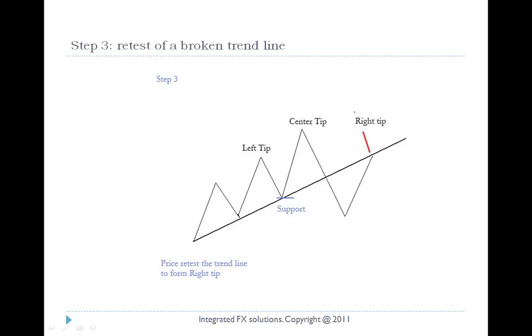Step 3, a retest of a broken trend line. When the support is taken out, price will retest the trend line, and that's step 3 for making a bearish crown formation chart pattern.